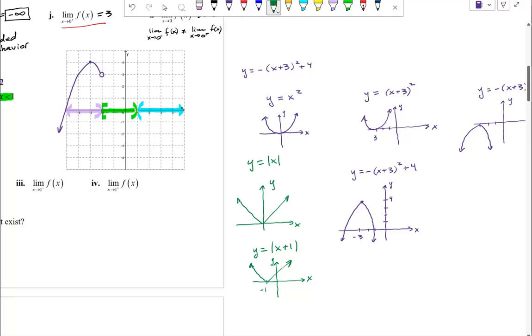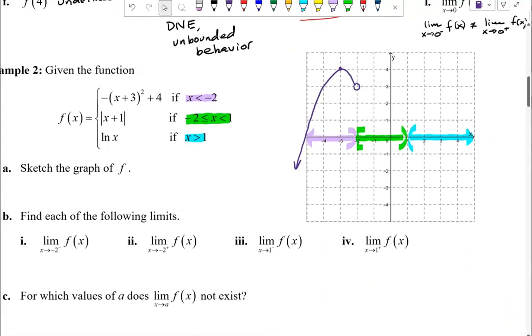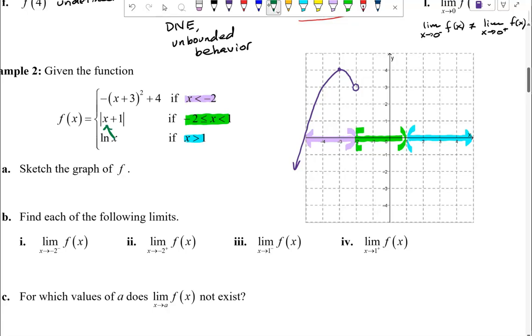Again, we only want to graph this green absolute value function between -2 and 1. We could plug in -2 in here, we could plug in 1. I think when we plug in -2, we get a positive 1 because we have absolute value of -1, and that's going to give us this point here. And then we have our vertex right there. And then we plug in 1, we get a positive 2. And again, we have a strict inequality, so we'll put an open circle there.